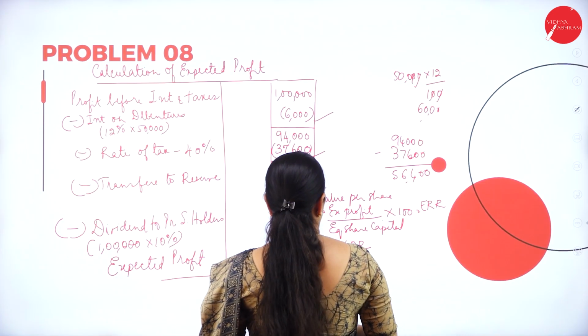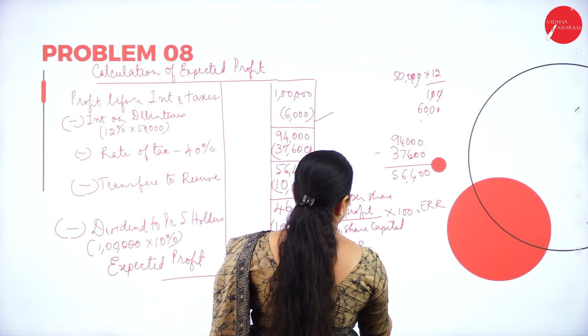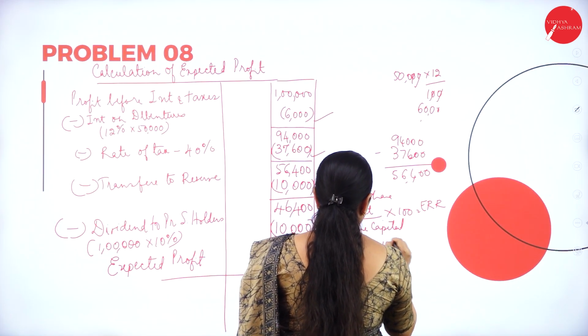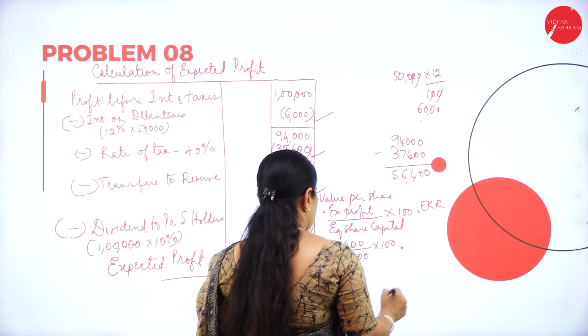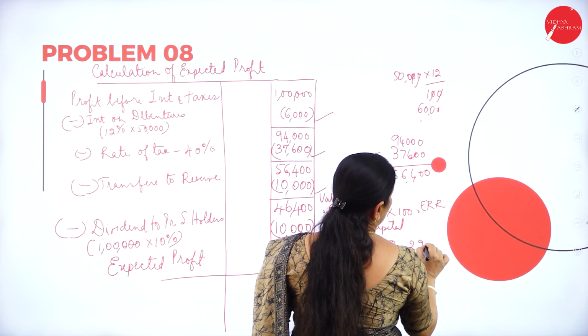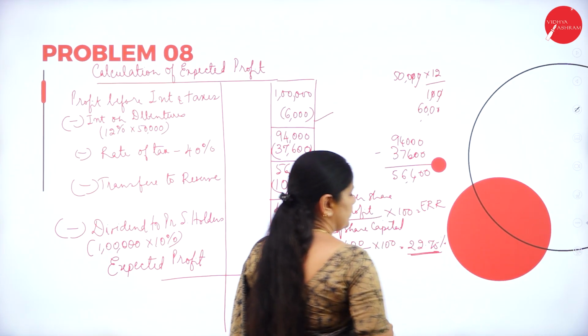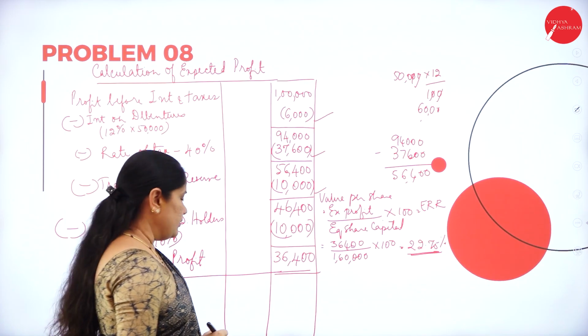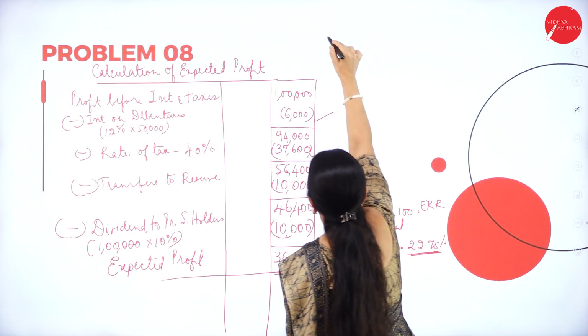So, 1,60,000 into 100. So, when we simplify this, I get 22.75%.